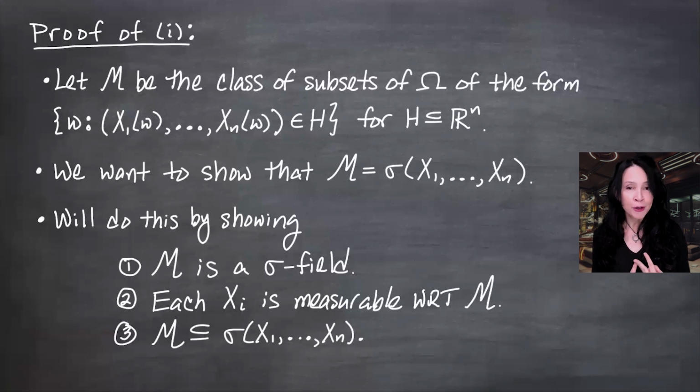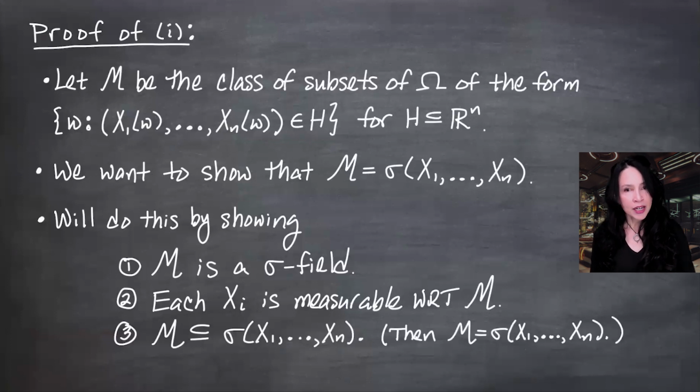Now it can't be a proper subset because it's a sigma field with respect to which each Xi is measurable, and sigma of X1 through Xn is defined to be the smallest such sigma field. So if we show that M is a subset of sigma of X1 through Xn, we're actually showing that M equals sigma of X1 through Xn.